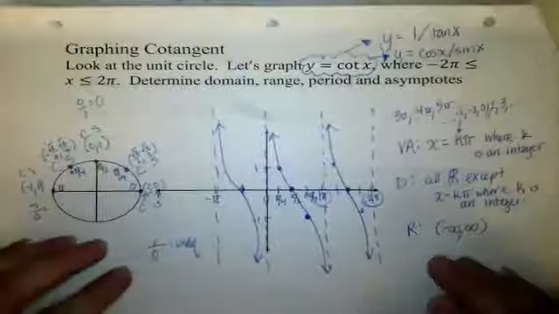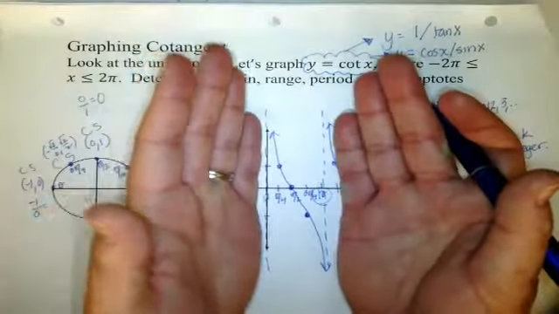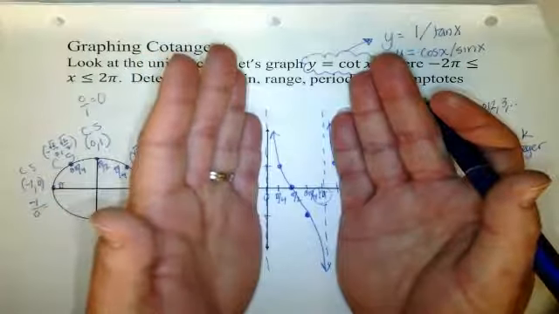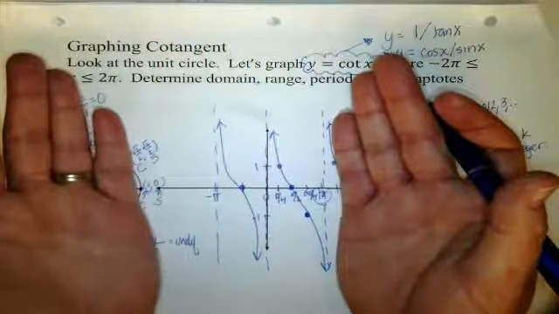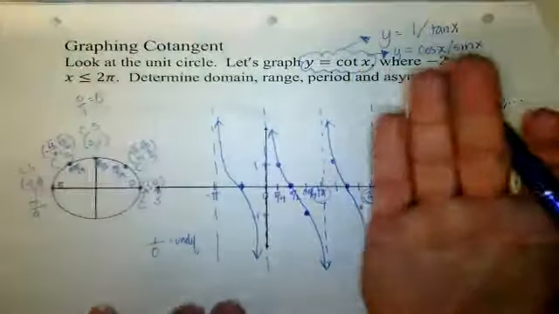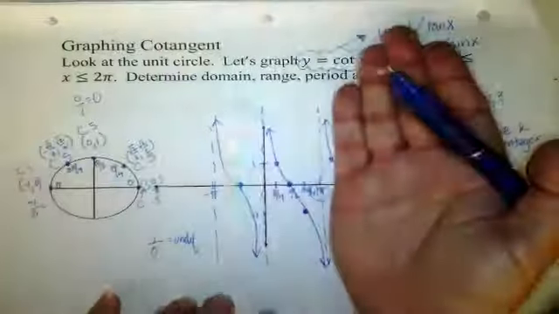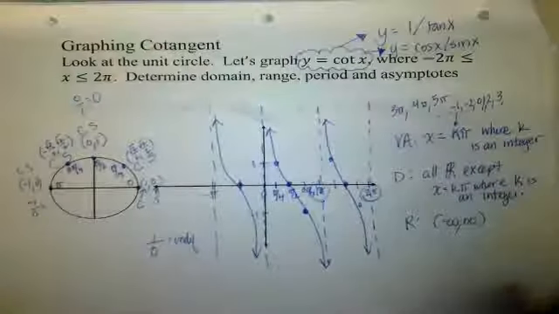It's a decreasing function, and it's shifted. You can see this is not odd anymore. It's not even either. It's a neither function, but it's been shifted over. Starts at 0, ends at pi, and that's really important.